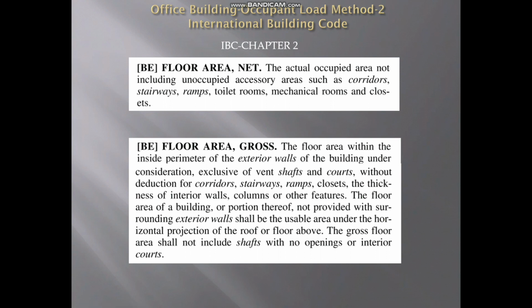So we should not include these rooms, corridors and ramps in the net area. But in the gross area there is no limit; we should not reduce anything. We should consider the full floor area inside the perimeter of the exterior wall. Whatever is inside the exterior wall we consider in full; that is the gross area concept. That is the difference between gross and net.